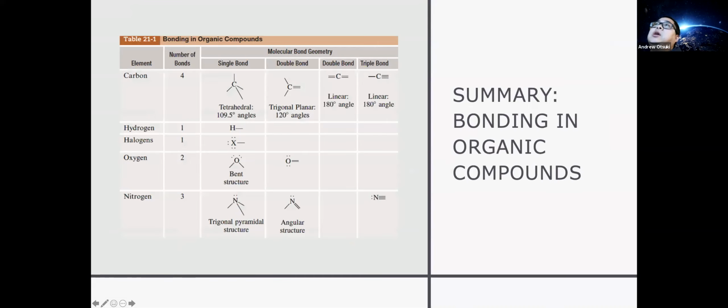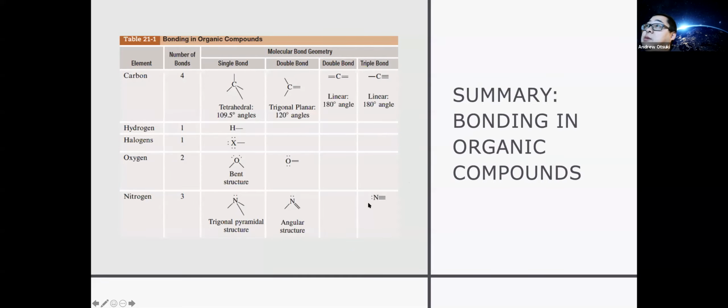Then lastly, this is a summary of all the types of bonds in organic chemistry, or basically their hybridizations and what type of bonds form. You see that hydrogen and halogens only form one bond. They don't form multiple bonds in compounds. Oxygen will never form a triple bond.